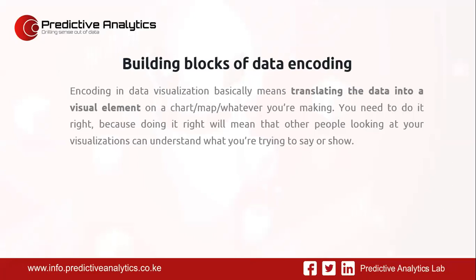In programming, encoding means something different. Encoding means changing it into different kinds of formats. For example, we have what you call JSON, we have what you call CSV, but in data visualization, it means translating the data into a visual element.